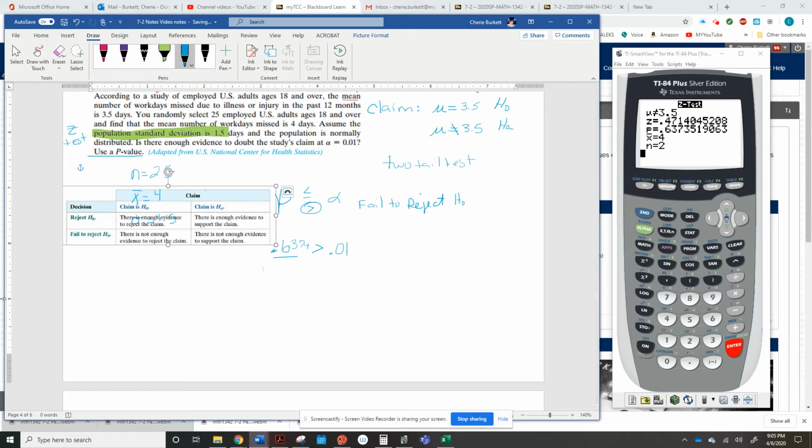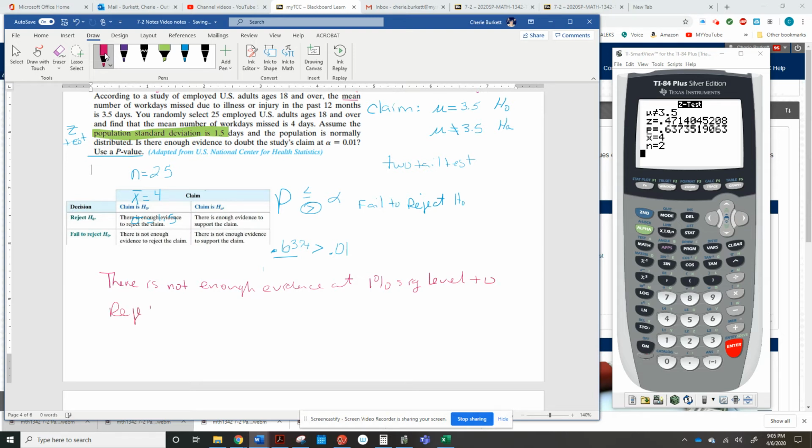So I'm going to write this. There is not enough evidence at 1% significance level to reject the claim that the mean number of work days missed due to illness is 3.5.